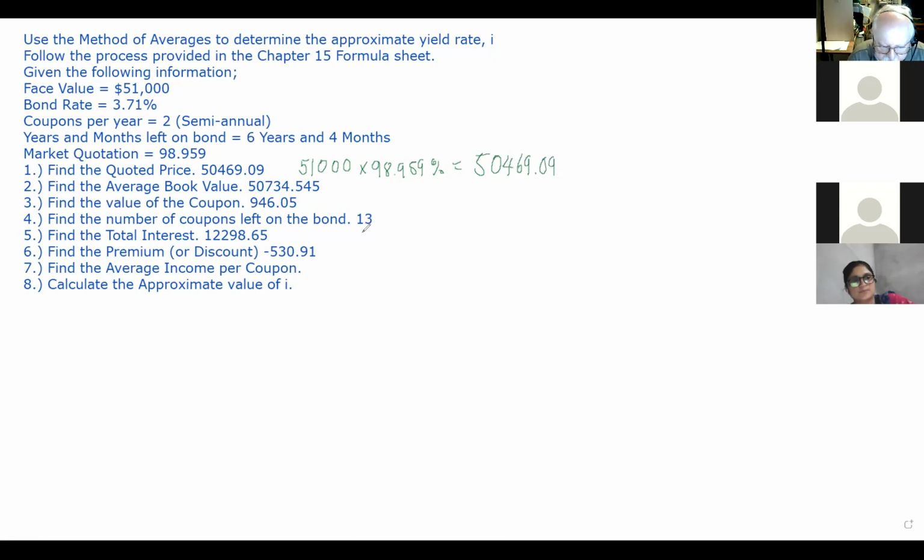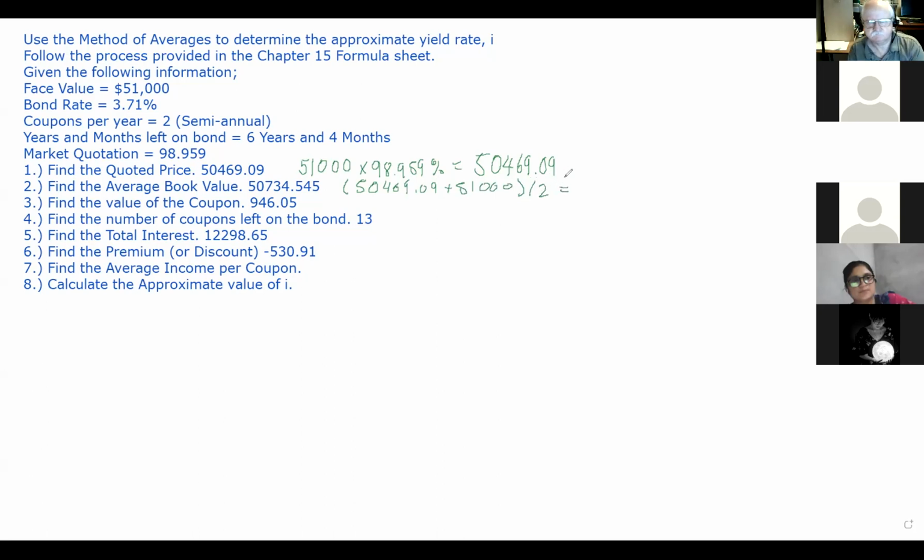And step 2 is find the average book value. Take the quoted price that we just generated and the face value and divide by 2. So 50469.09 plus 51000 divided by 2.